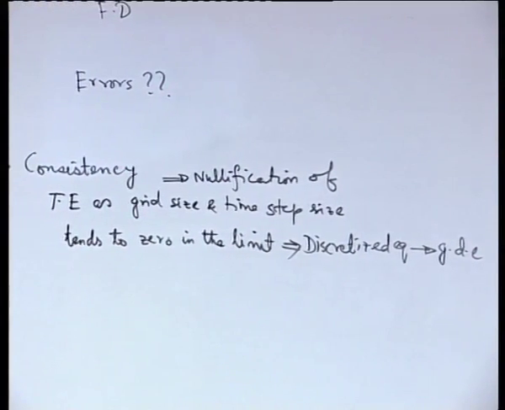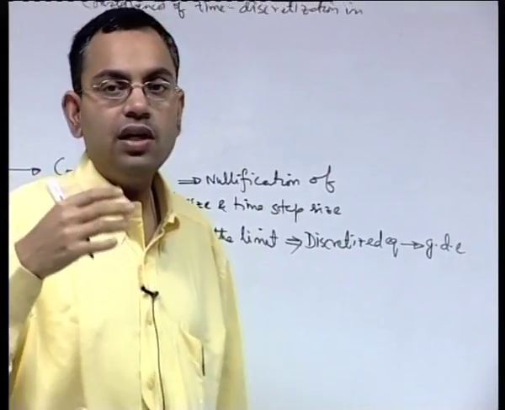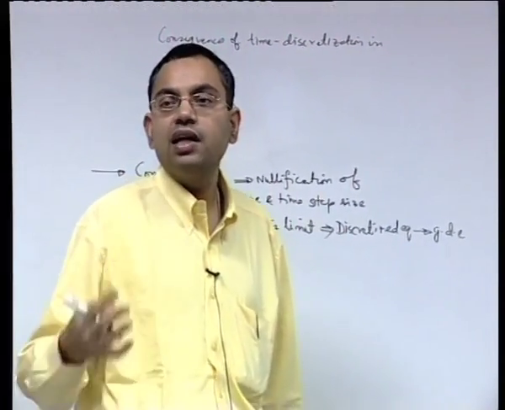The difference because of negligence of certain terms in the Taylor series vanishes because the corresponding terms tend to 0 as delta x, delta t all tend to 0.